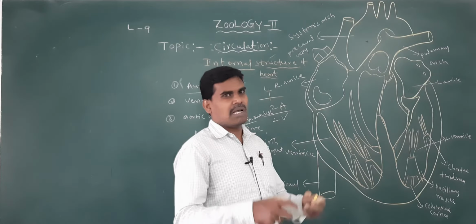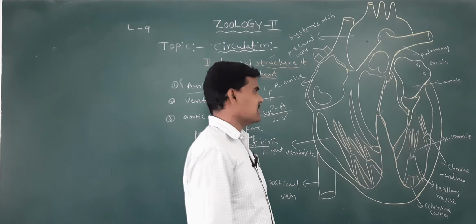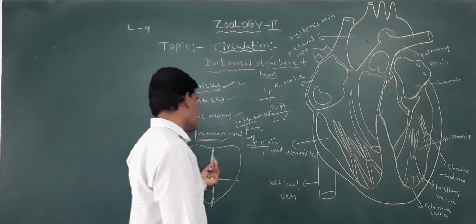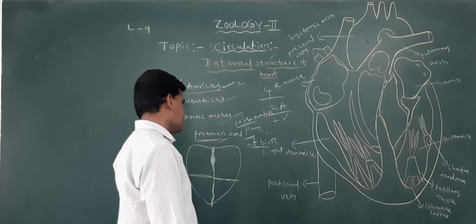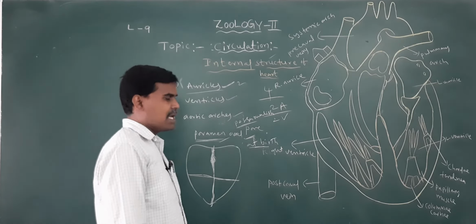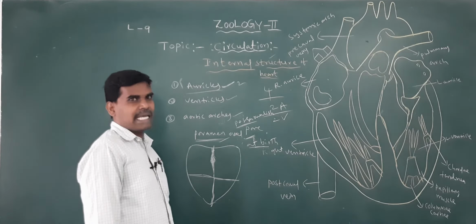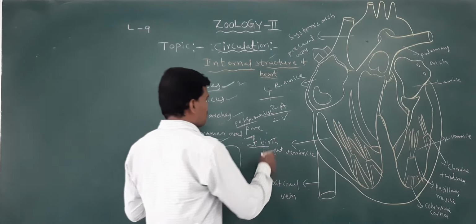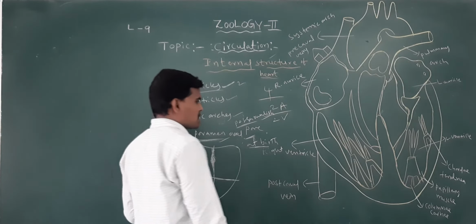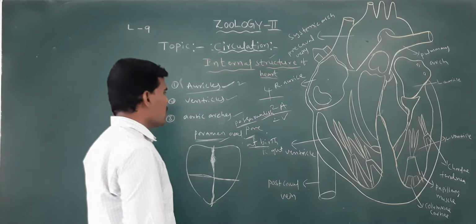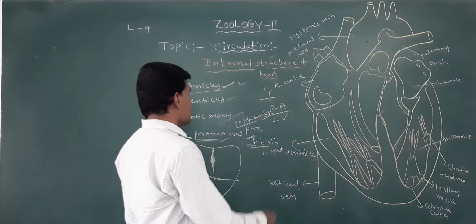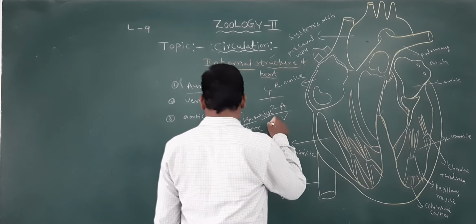They are receiving chambers. Between the two auricles is a small hole called the foramen ovale, which closes at birth time and becomes the fossa ovalis.